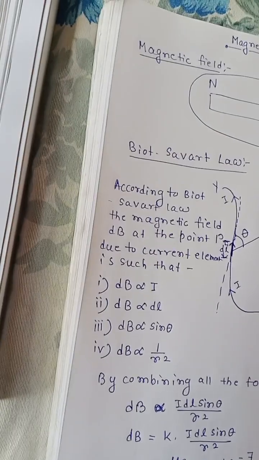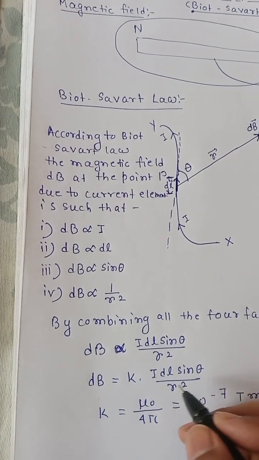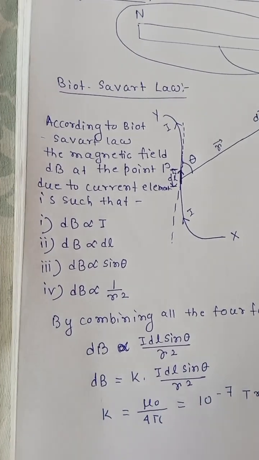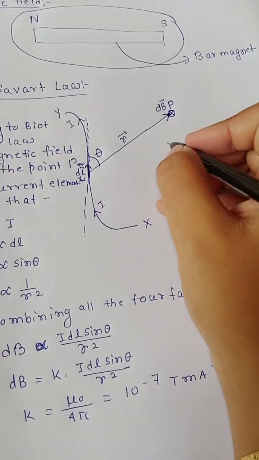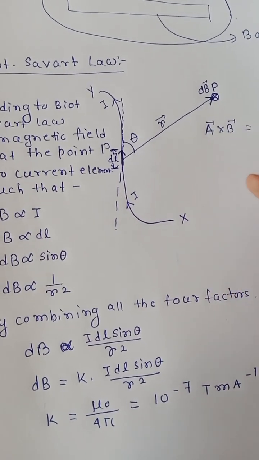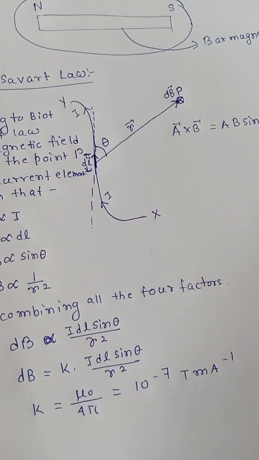Now if you want to write this in vector form, as there is a sine theta term, from the vector multiplication rule, a cross b equals a b sine theta n cap.